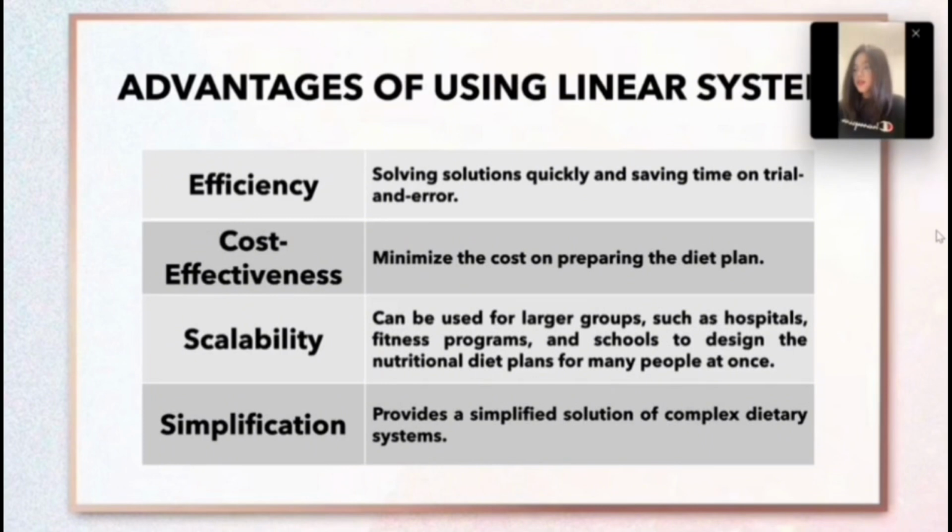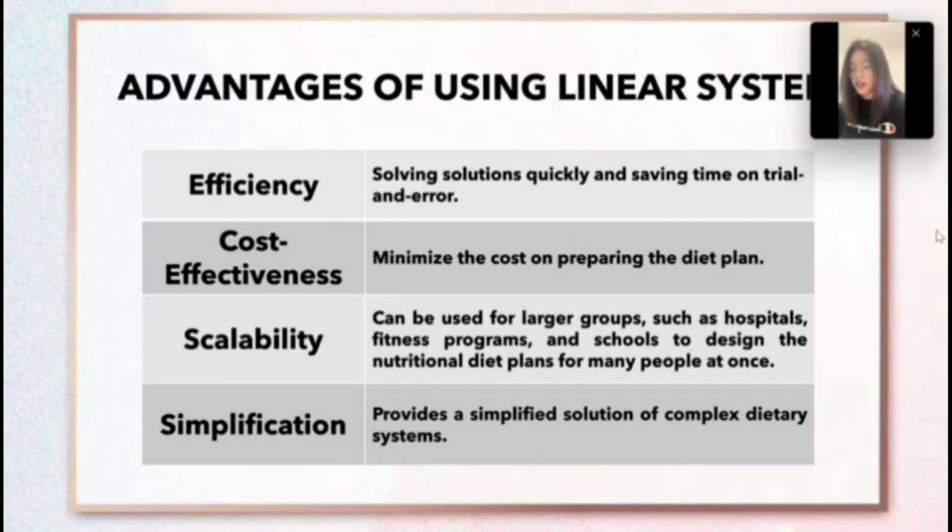By quickly solving problems, they can significantly reduce the time consumed in the trial and error process, which is undoubtedly crucial for scenarios where a large amount of data and complex relationships need to be dealt with in the design process of nutrition and diet plans.